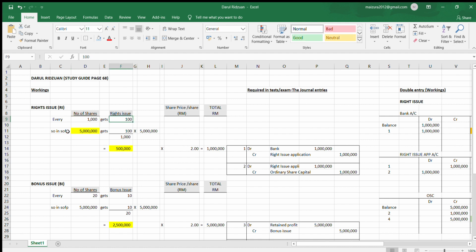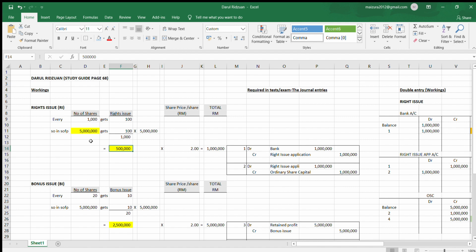In Soft P, there are 5 million shares, irrespective of who the shareholders are. So for this total of 5 million shares, the existing shareholders will get 100 upon 1,000 times 5 million, and we are issuing 500,000 right issues. In other words, the number of shares of the company has now increased by 500k.